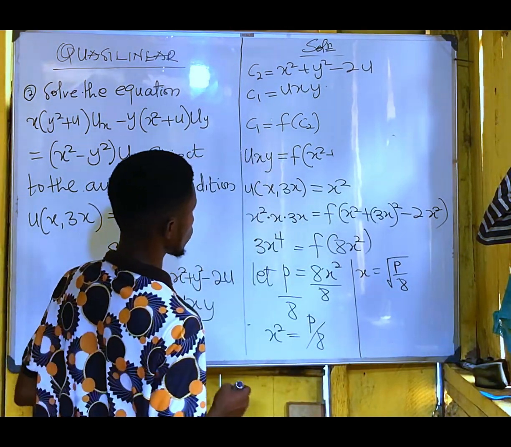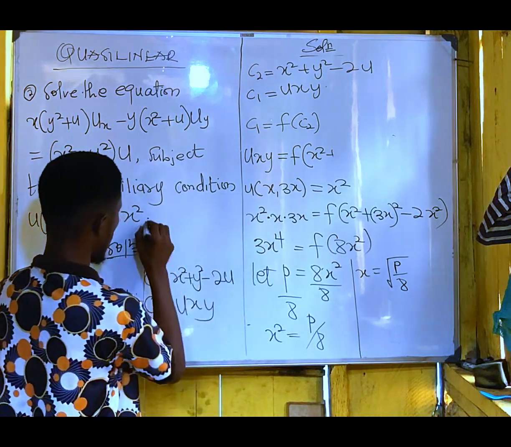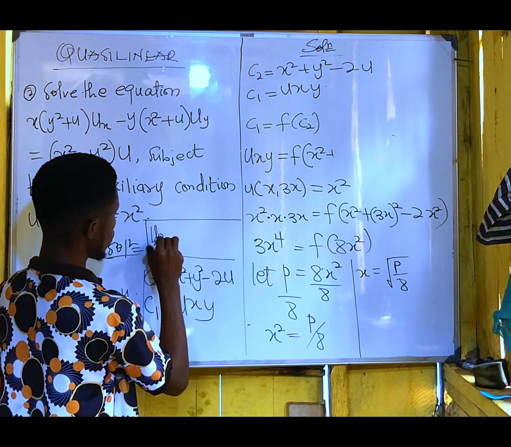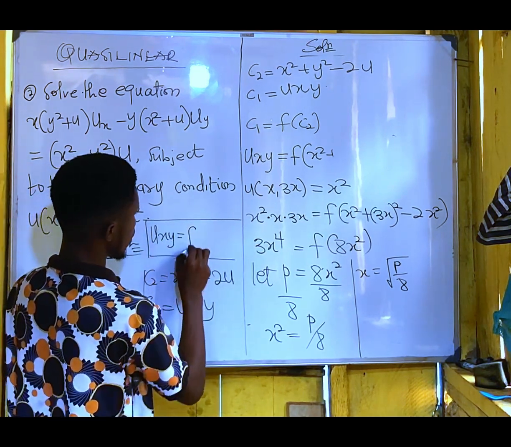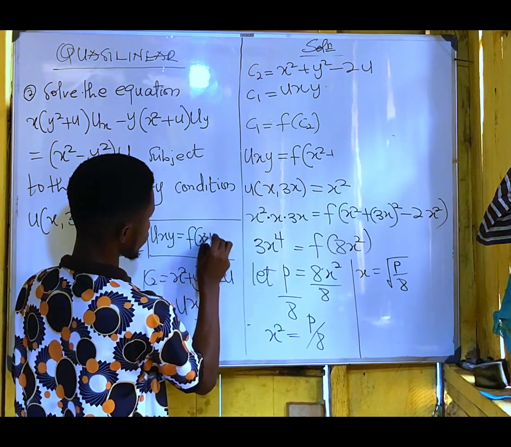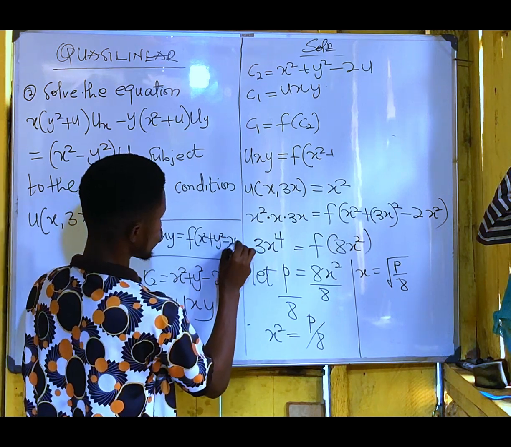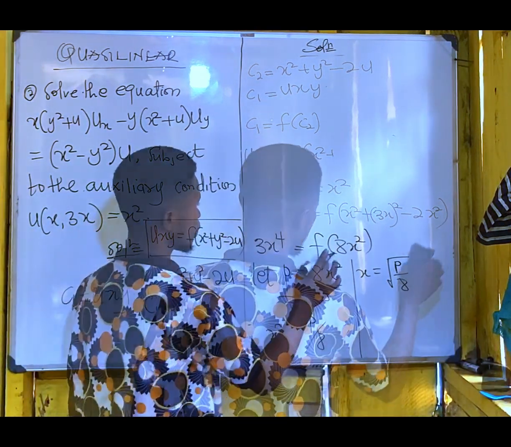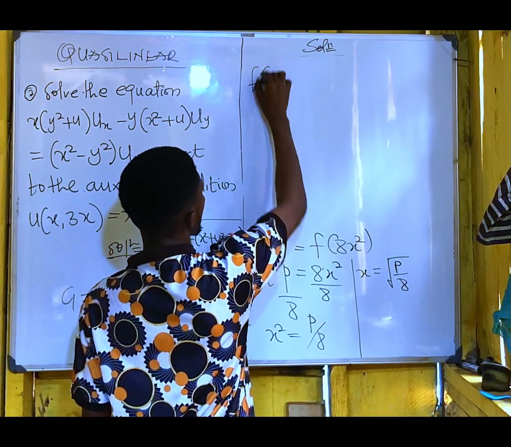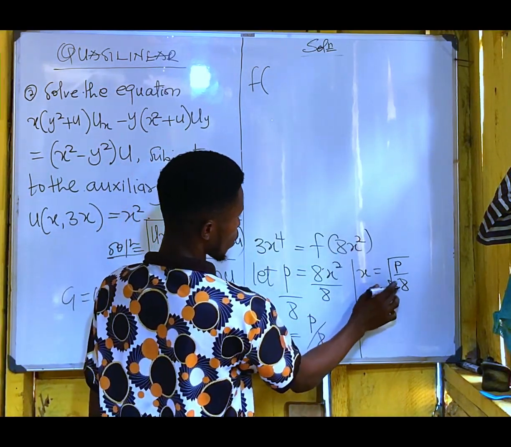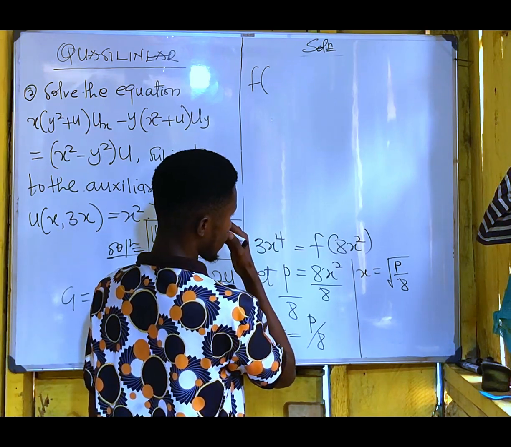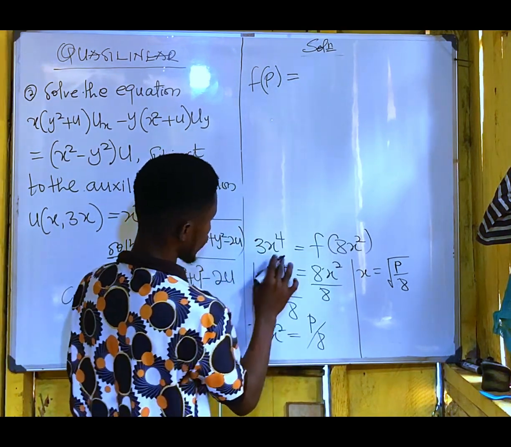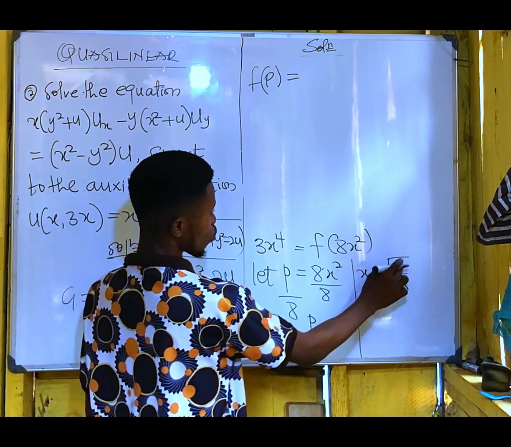Let me write the general solution here, if not, I might forget. The general solution was given as u over xy equals f of x² + y² − 2u. So this is the general solution, and I'm going to use it. So now, we are saying that f of p, whenever you see x here, you should put the square root of p over 8 there.